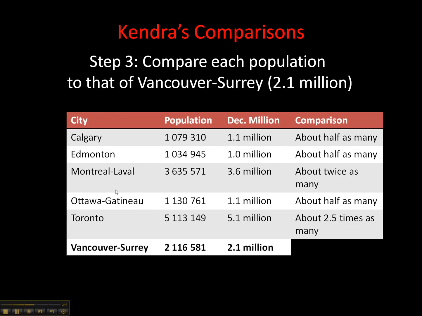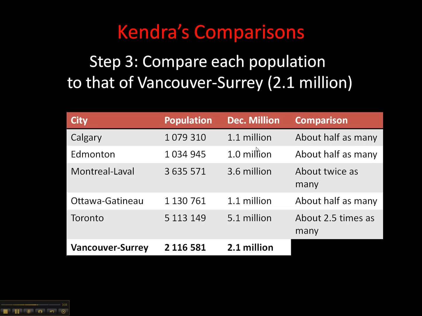So, step 3 says compare each population to that of Vancouver-Surrey. Well, Vancouver-Surrey we know was 2.1 million, so we're going to compare the other populations, and we're going to describe what we see in those comparisons. So, for instance, 1.1 million in Calgary is about half as many as in Vancouver-Surrey.